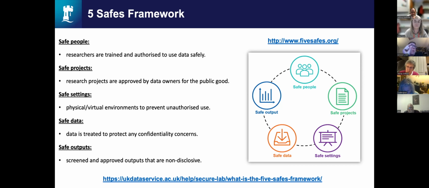Data owners allow projects to have access to their data, and both for safe people and safe projects, one of the underlying questions is, why do these people want access to the data? What is their purpose? So random people cannot just sign up and access.